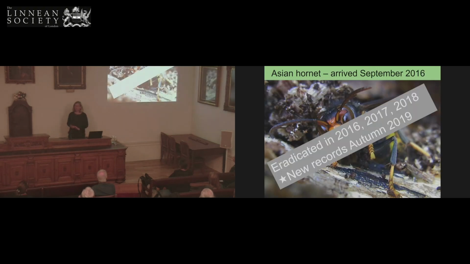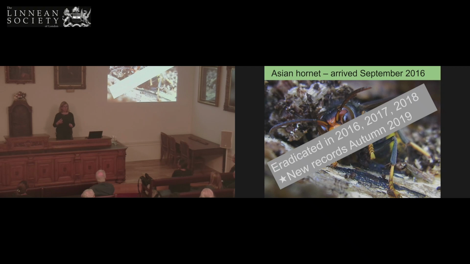And what it's meant is that the system that we have is tied in closely with people who can actually take action on the ground, getting the reports very rapidly. So there was the first sighting of the Asian hornet in Gloucestershire in 2016. The nest was found and eradicated. We just had a sighting about 2 weeks ago. It has been eradicated.